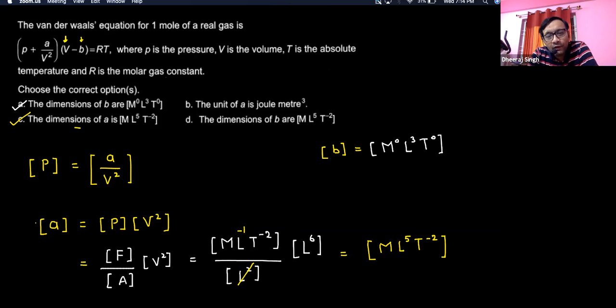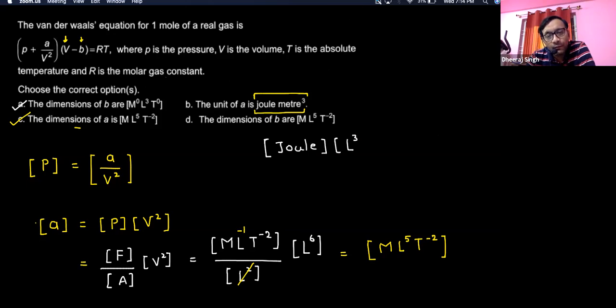Now, is option B also correct? Find out the dimension of Joule meter cube. Joule is a dimension of energy and meter cube is L cube. Dimension of energy is mL² T^-2 into L cube.